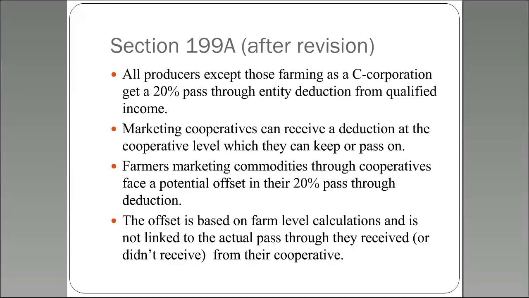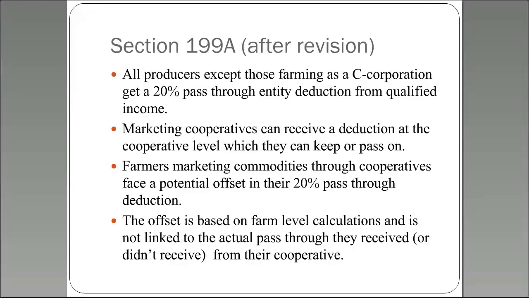And then the offset is based on farm level calculations, and so it's not linked to the pass-through from the cooperative. So if you indicate that you marketed through a cooperative, you could get your 20% offset reduced, and that's totally separate from any pass-through that the cooperative gave you.